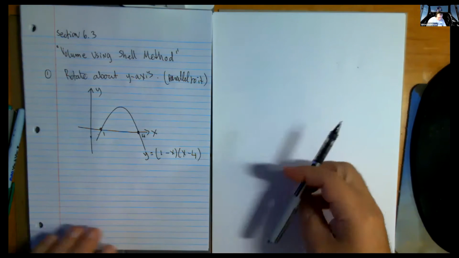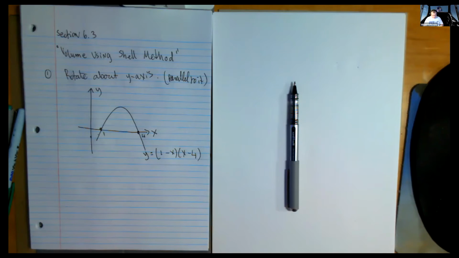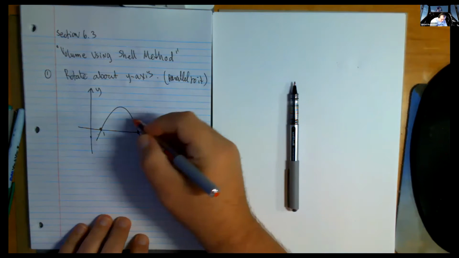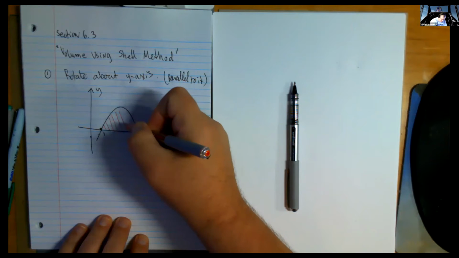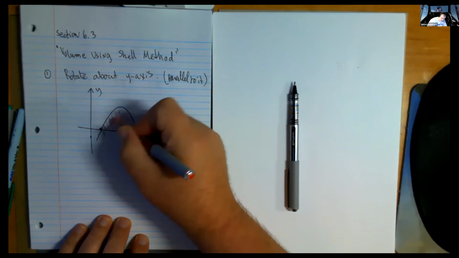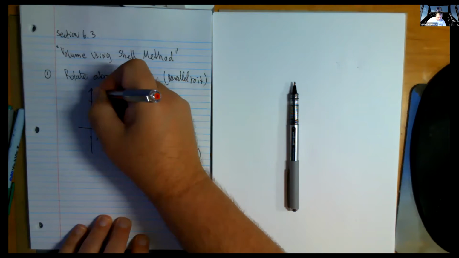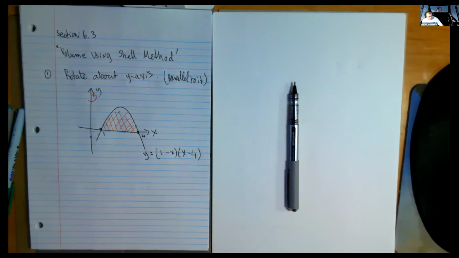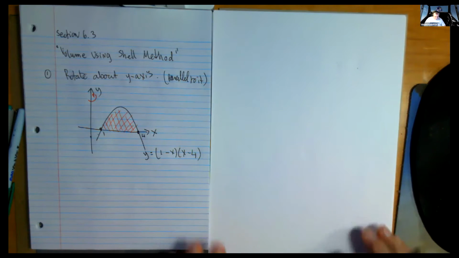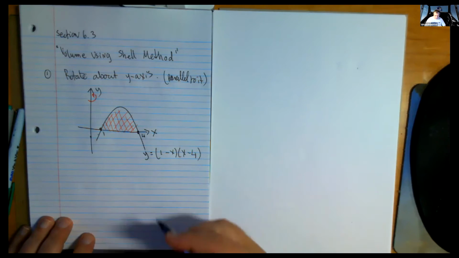So imagine that I'm taking this particular shape here, and I'm going to rotate it about the y-axis. And so what's the formula that would generate the volume of revolution?